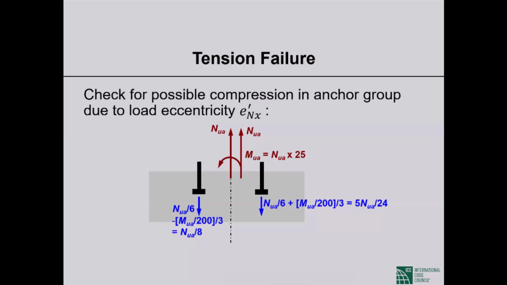Okay, so we are looking at the x eccentricity. We have an axial tension applied at an eccentricity of 25 millimeters. So that tension is equivalent to a tension along the centroidal axis plus a moment, which is equal to the tension multiplied by the eccentricity, which is the tension times 25 millimeters.